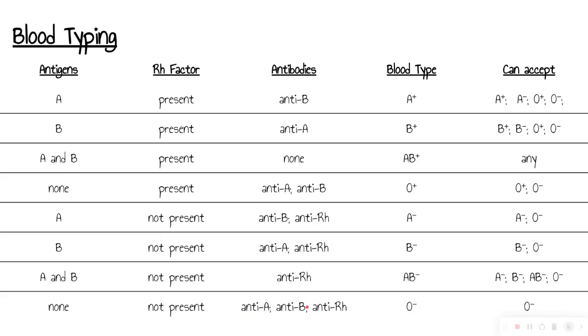If someone with type B blood donates to you, then those anti-B antibodies are going to attack the B antigens on that donated blood. If someone with positive blood donates to you, then your anti-Rh antibodies are going to attack those red blood cells and are going to destroy them. It's going to cause agglutination, clumping. This is going to be very bad.